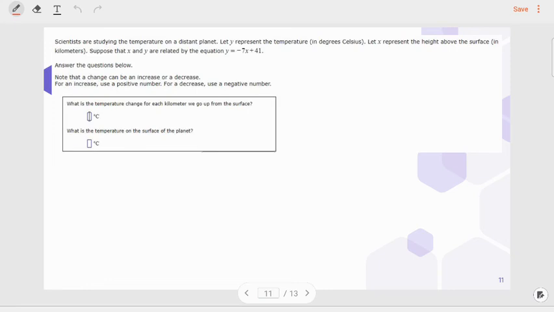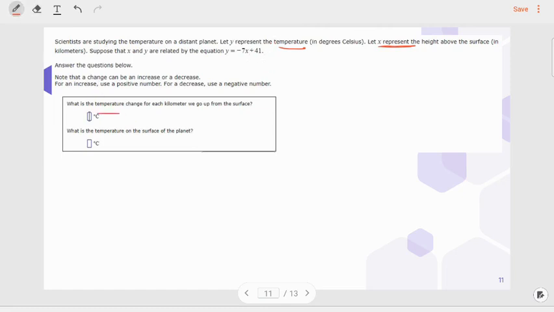So the next one says, scientists are studying a temperature on a distant planet. Y is the temperature in Celsius. X is the height above the surface in kilometers. So if we're measuring the height above the surface, okay, what's going on? So the number that's by itself is always like the starting amount. But let's kind of go backwards.